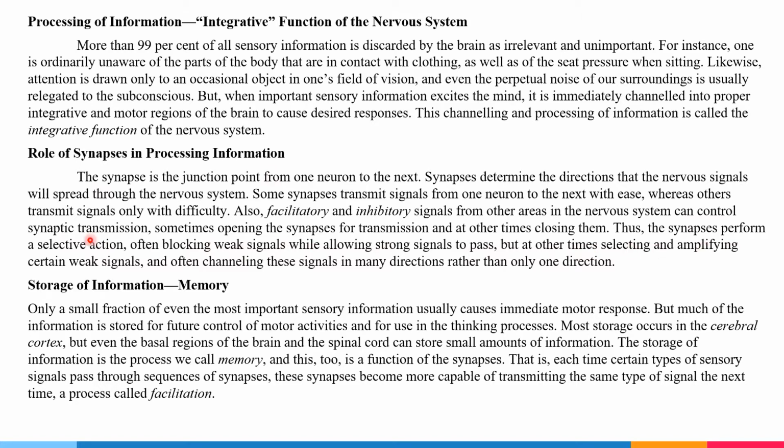Thus, synapses perform a selective action, often blocking weak signals while allowing strong signals to pass, but at other times selecting and amplifying certain weak signals and often channeling these signals in many directions rather than only in one direction.